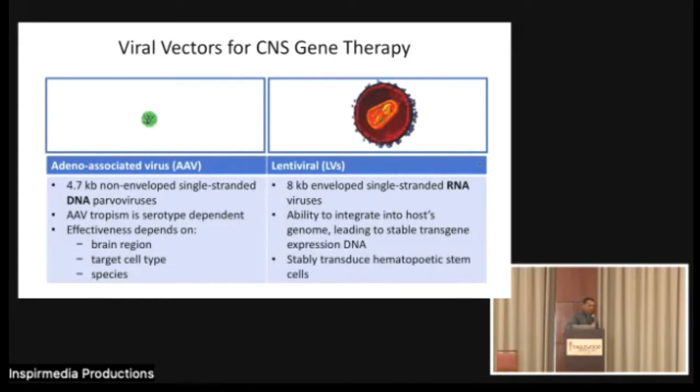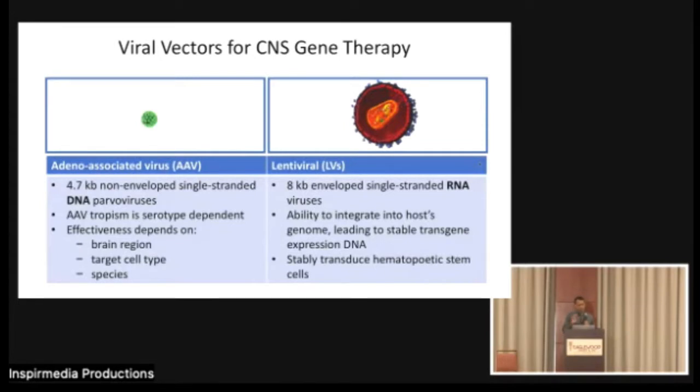There are certain different kinds of viruses within that family that have a predisposition to go to certain cell types. Lentiviruses, on the other hand, they tend to integrate into the genome, which means they deliver well into the bone marrow cells, into what we call stem cells, from which continuously new cells are being generated, okay?